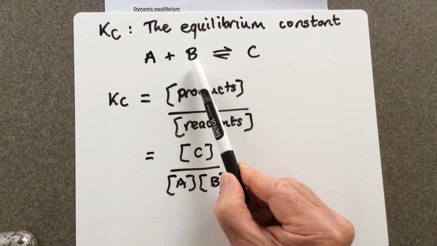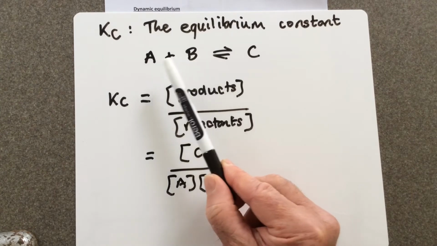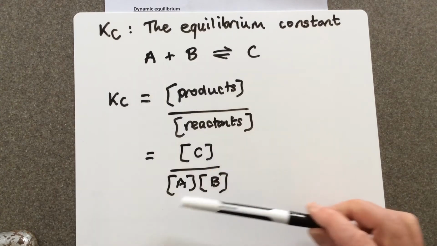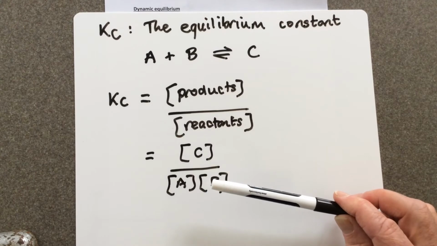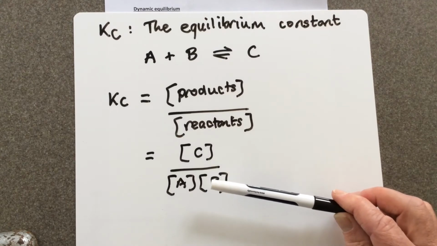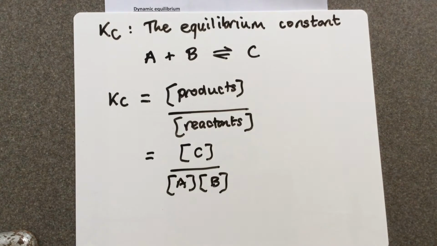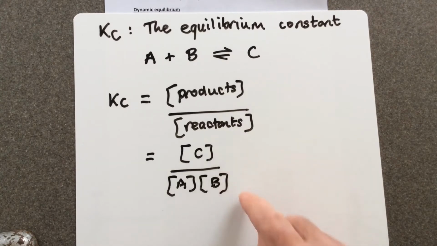So by adding more of this reactant, it's going to react with more of this, so that these numbers will now go down after that addition, and this number goes back up in order to go back to the original ratio. The numbers of A, B and C will all be slightly different, but the ratio will be the same. I hope that makes sense.